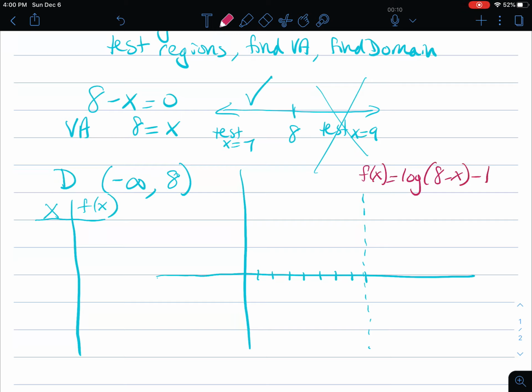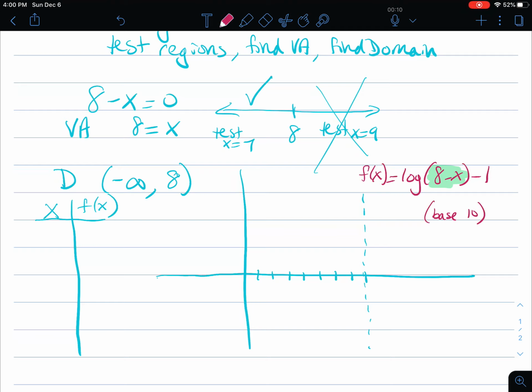Remember, the base here is base 10. When it's just written log of something, that's base 10. So we need to pick values that will make the argument play nicely with base 10, so powers of 10.